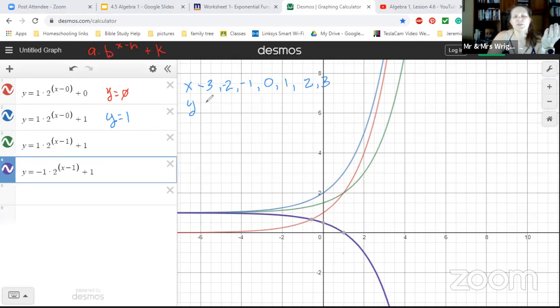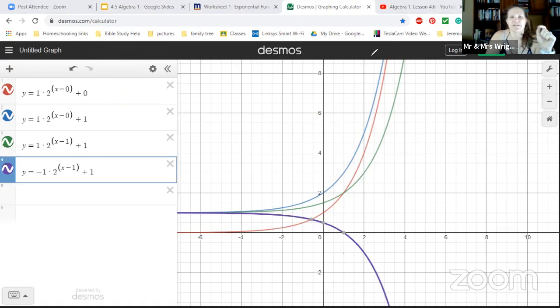And then you would plug it in and figure out what all your values are for Y, graph all those points, connect the dots, and indicate the end behavior of the graph. So those are the 2 different ways you can graph these equations, but you do need to be aware of everything that's happening to this graph.